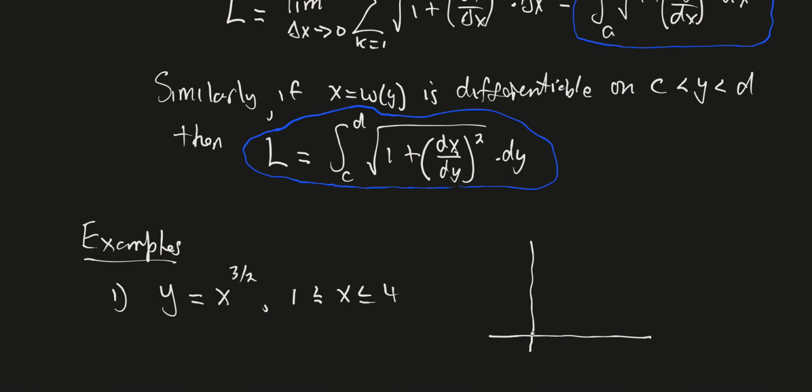So it basically looks like this. And for x equals 1, let's say the point is there, and then 4 is somewhere out here, again not drawing to scale. And what we're trying to find is the length of this particular part of the curve, right?